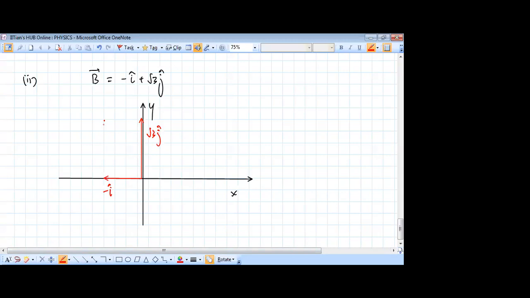So now our resultant vector would be this one like this. This would be our resultant vector.